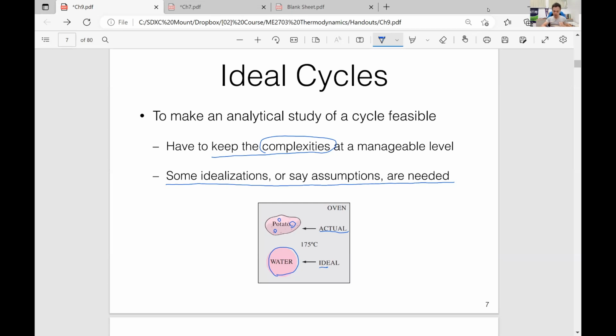So in this case, it's ideal. We can control the mass, the shape, the volume, etc. Because water is very well known, all its material properties are well known. But to keep the complexity, maybe some properties, maybe the shape, maybe the mass should be the same as a real potato, depending on what kind of analysis you want to perform.